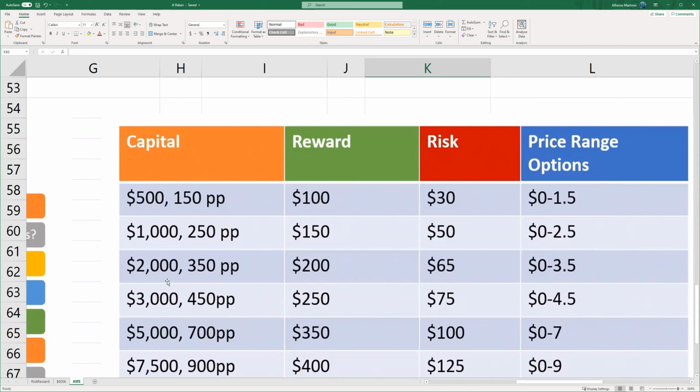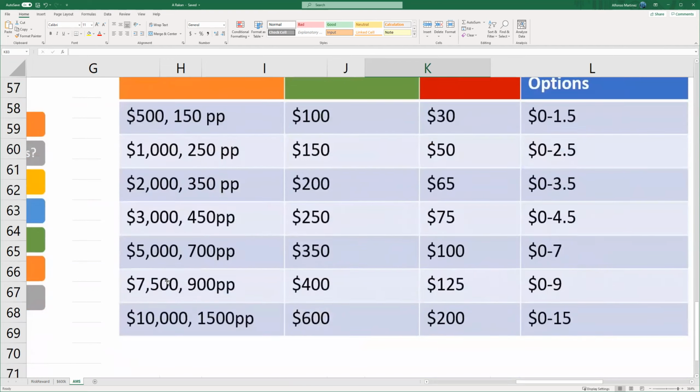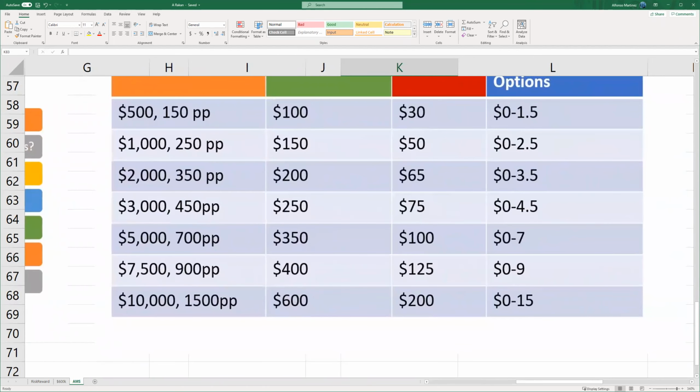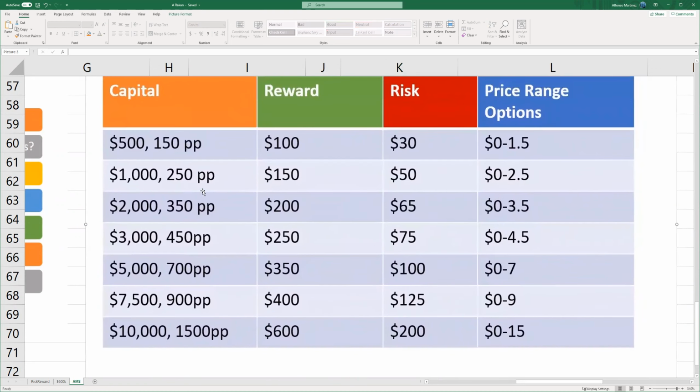And you can take the proportion in case that you have a different amount, but this table already has some levels determined here for 500, 1,000, 2, 3, 5, 7, and $10,000. So what I mean with this is you cannot take any position more than 350.